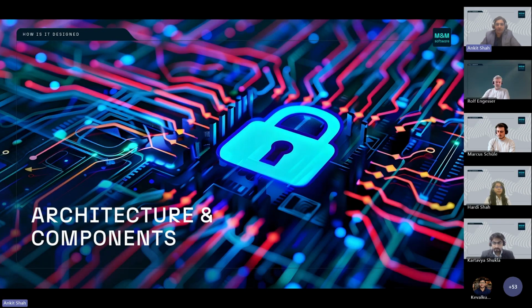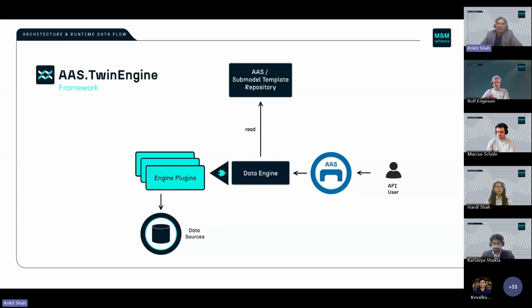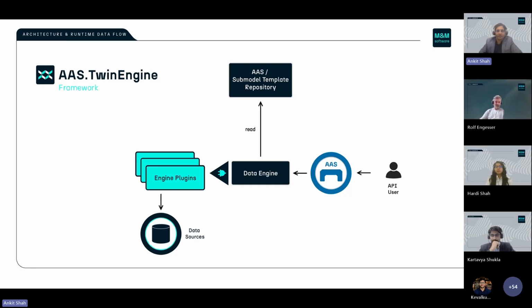I will walk you through the high-level architecture and the data flow of AAS.Twin across all the components. As you can see in the diagram, at the center is the data engine, which is the core component of AAS.Twin and is responsible for building Asset Administration Shell responses at runtime instead of storing the data in its memory.